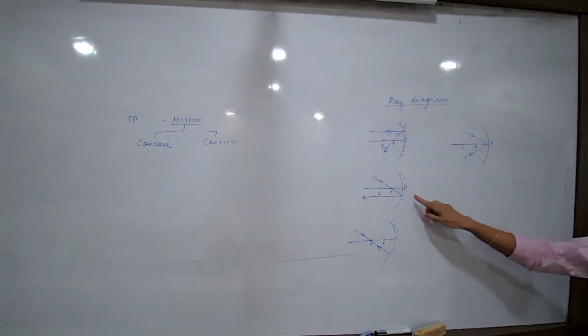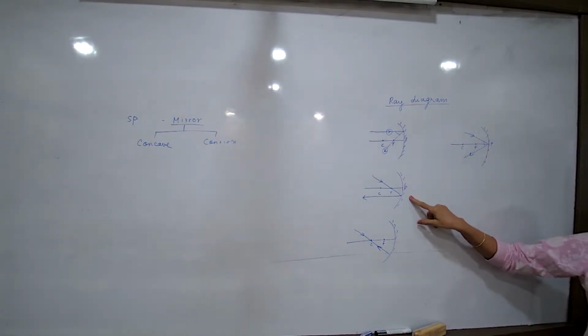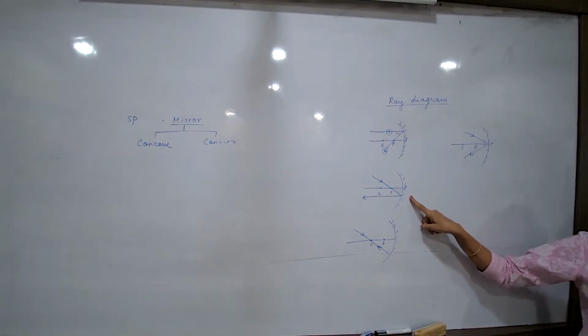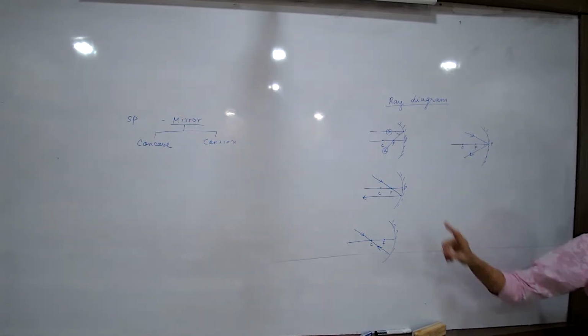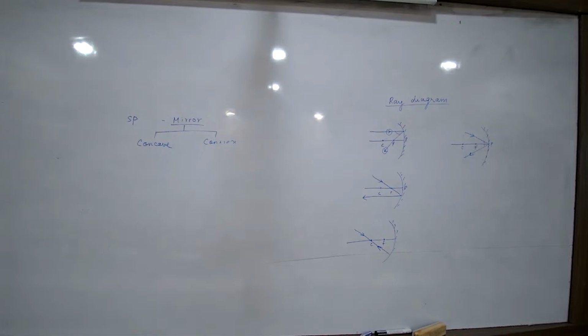Chalo. Next diagram, diagram number 2. Sketch out the diagram. What will you write? A ray passing through what? Second diagram.